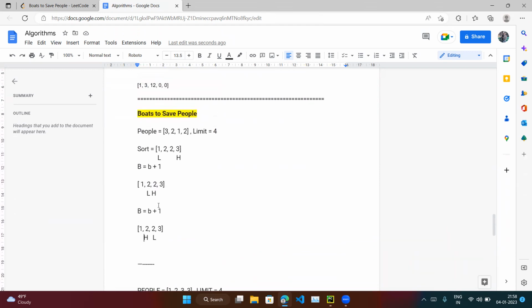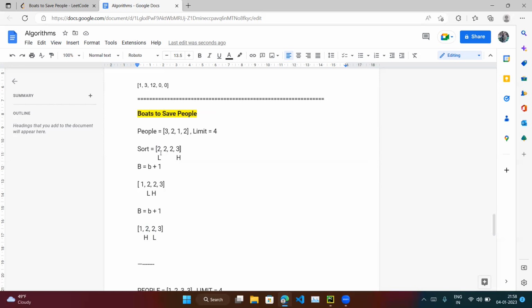But what will happen if, let's suppose, this is 2? Then the left pointer is here and the right pointer is here. 3 plus 2 is equal to 5, right?